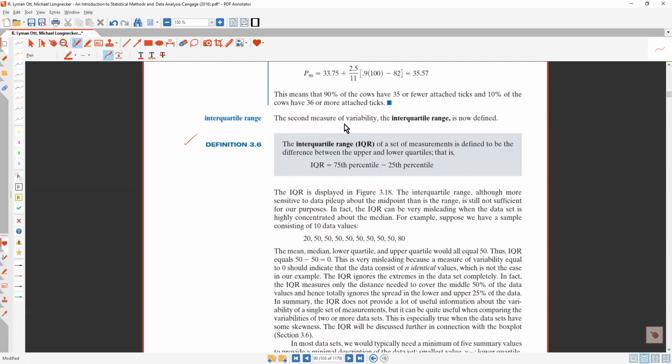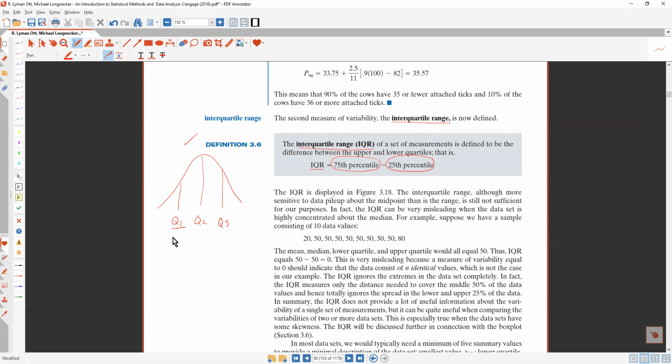Now, another measure of variability is the interquartile range. Having defined the quartiles, the interquartile range is the 75th percentile minus the 25th percentile. So when we look at the distribution here again, this is Q1, Q2, and then Q3.